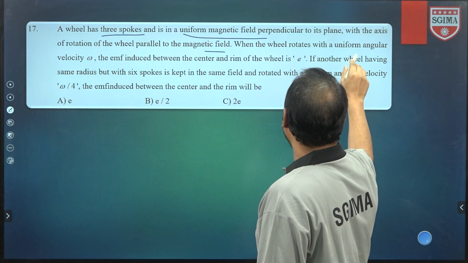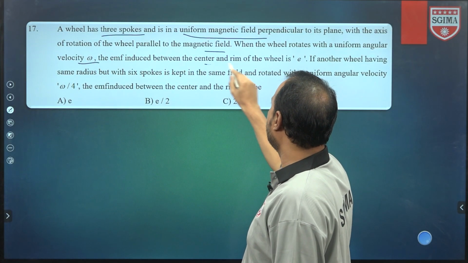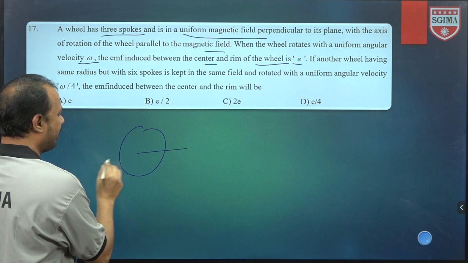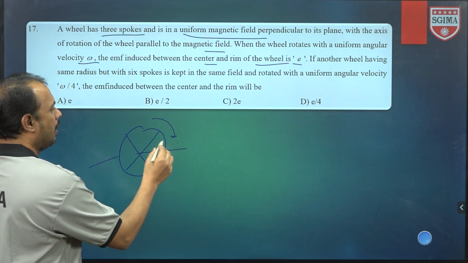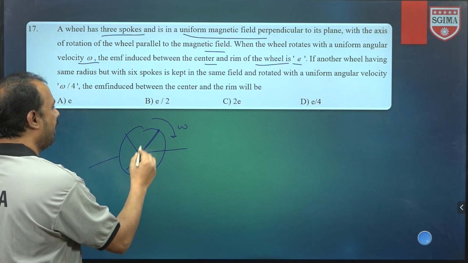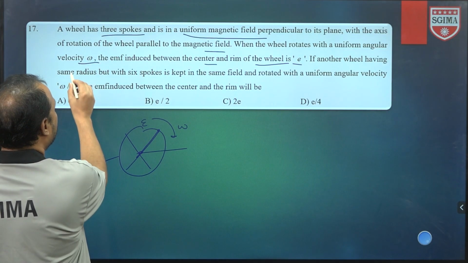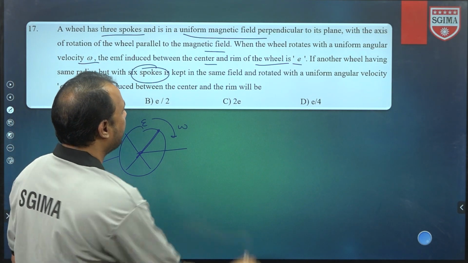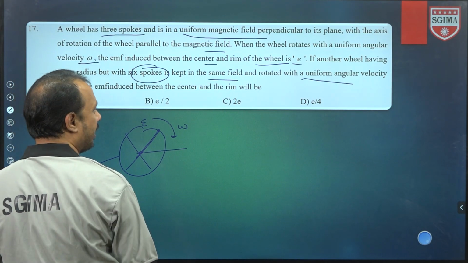When the wheel is rotating with angular velocity omega, the induced EMF between center and rim is E. The wheel is rotating with 3 spokes, angular velocity omega, and the induced EMF developed from center to rim is E. Another wheel has the same radius but 6 spokes, the number of spokes has increased, but the same field, with uniform angular velocity omega by 4 in the second case.